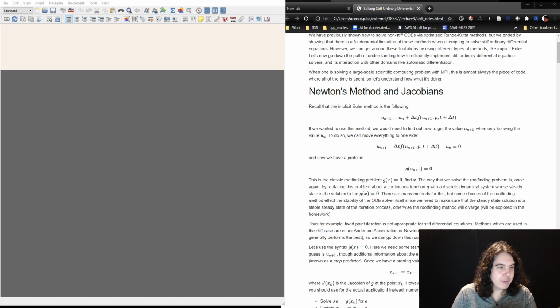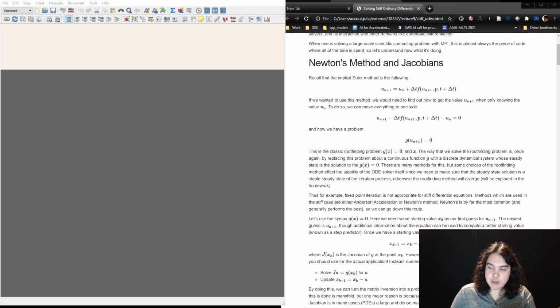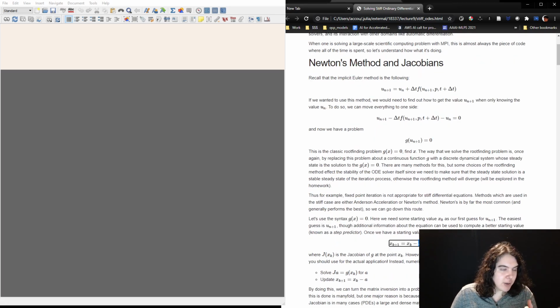For example, you can have fixed point iteration, which is the same thing as instead of using the Jacobian inverse here, you just use minus the identity. And when you do that, you can show that it's going to be less stable than something like a quasi-Newton method, or a relaxed Newton method or a relaxed quasi-Newton method, right?